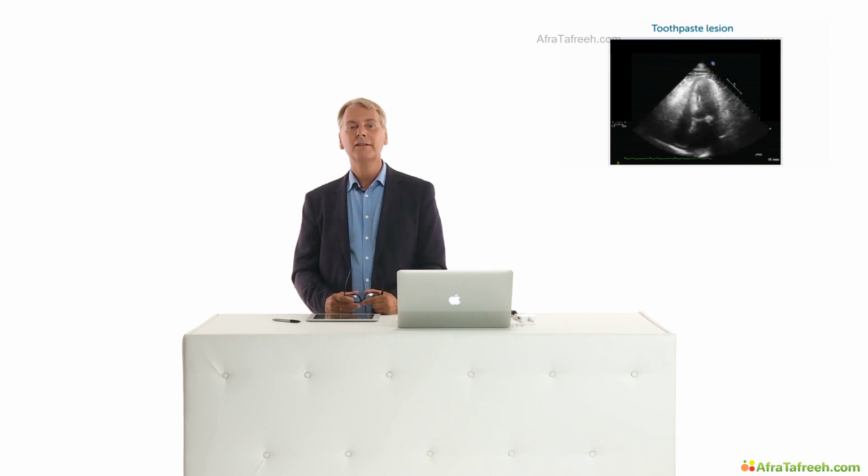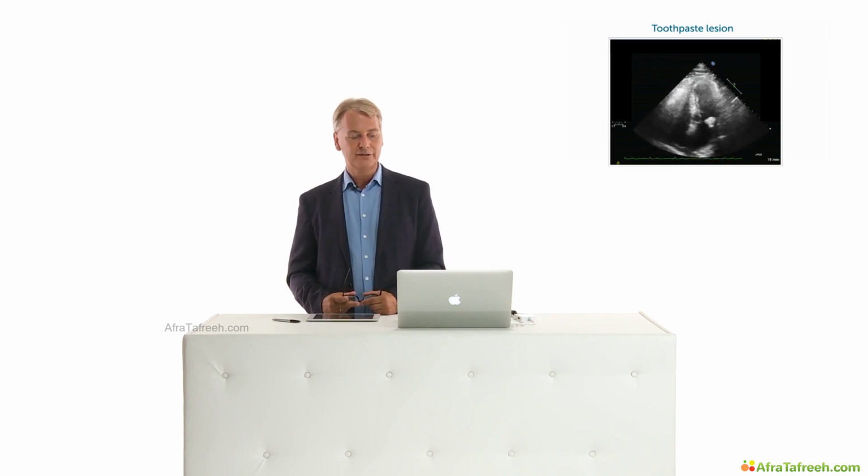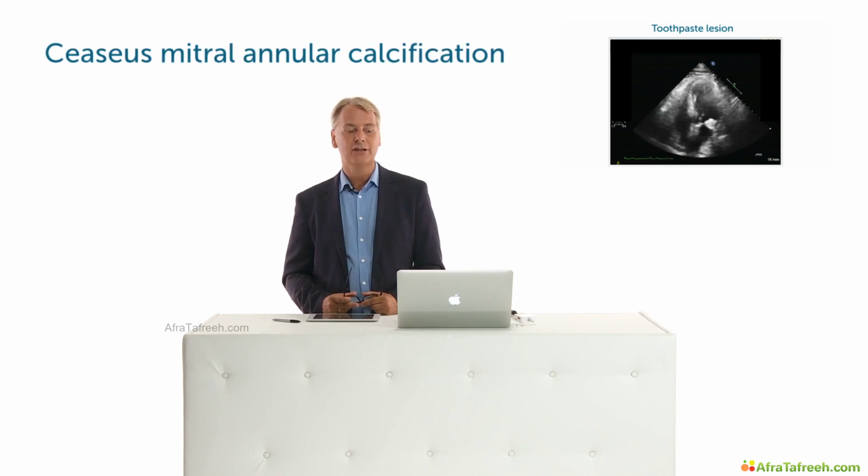Now, this is the differential diagnosis I talked about earlier in this section and just mentioned on the previous slide. This is the so-called caseous mitral annular calcification, or also toothpaste lesion. Why is it called a toothpaste lesion? Because it's a mass which, when you open it, has a toothpaste-like, caseous appearance.